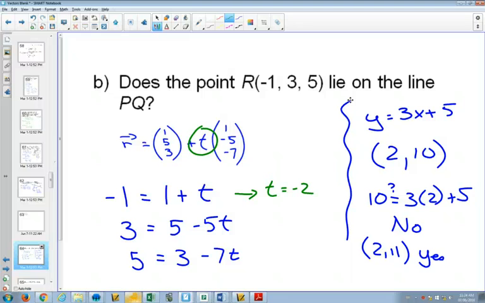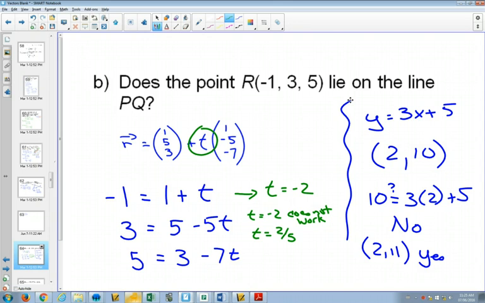If you plug in negative 2 for t, we get 15 here. It doesn't equal 3. So right from here, we know that t equals negative 2 does not work. We can already say that this point is not on the line. In fact, if we solve for t in this case, we get t is equal to 2/5, not equal to negative 2.